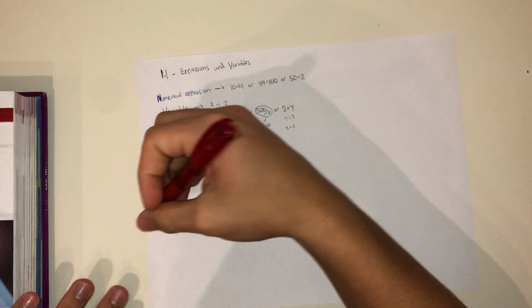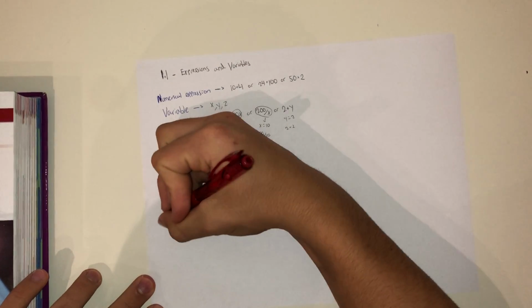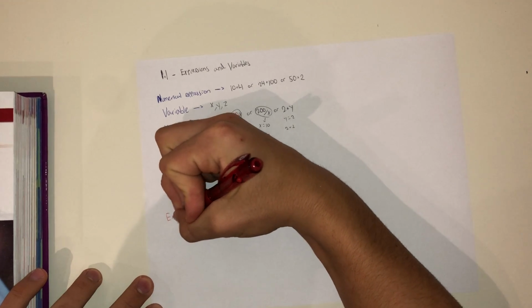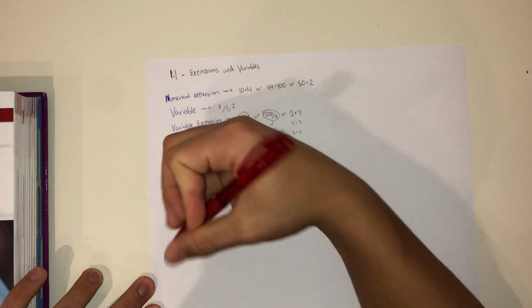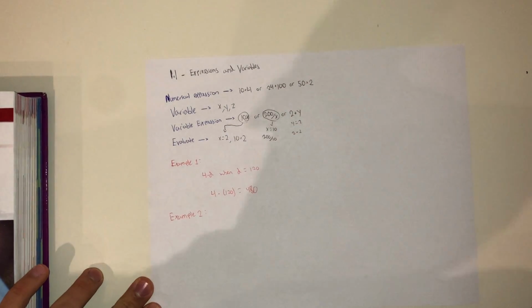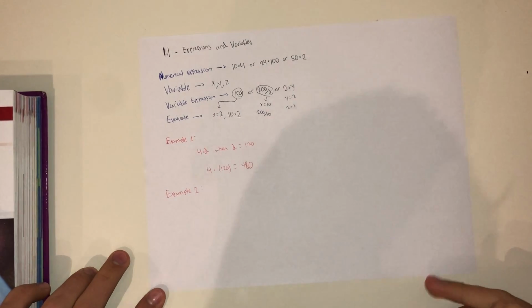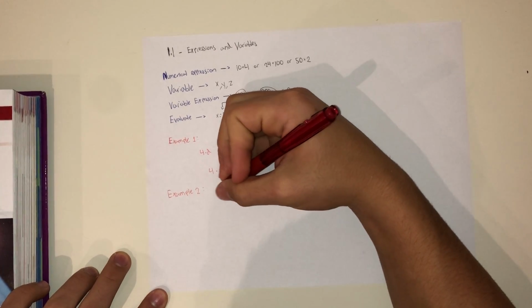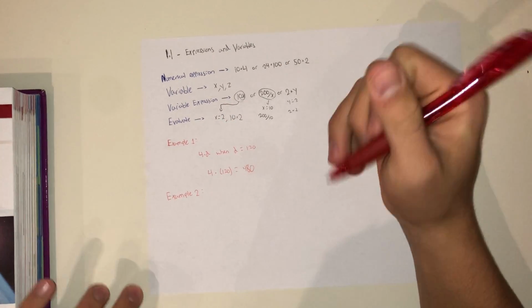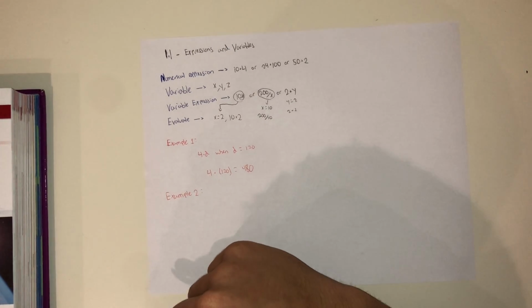Example 2 is about evaluating a variable expression that has 2 variables. So something like x plus y plus 10. That's a variable expression with 2 variables.